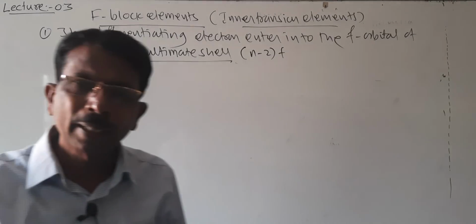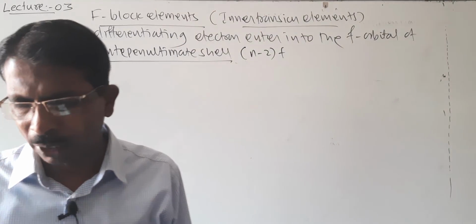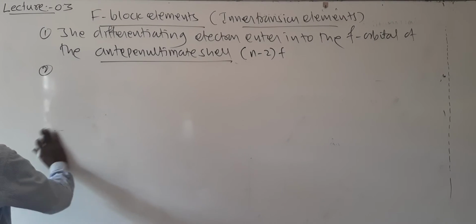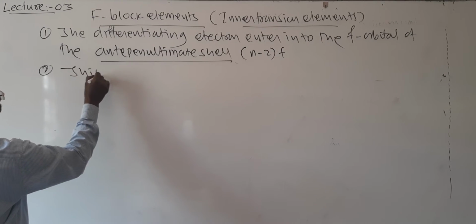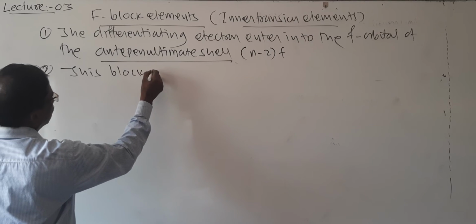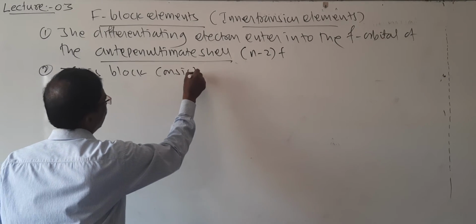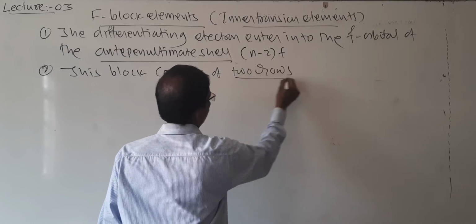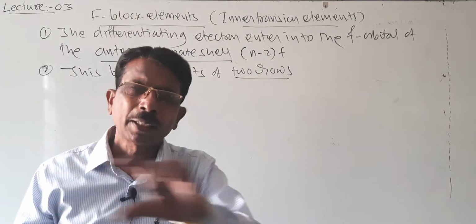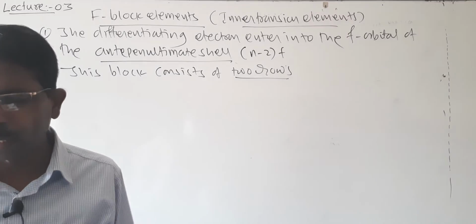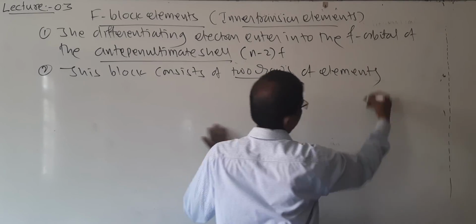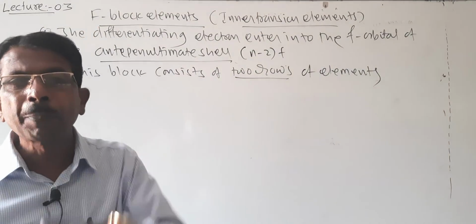And remember here it consists of two rows. This block consists of two rows. So two rows of elements, below the main periodic table.